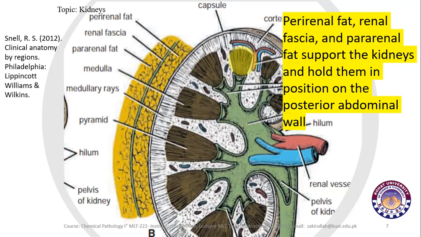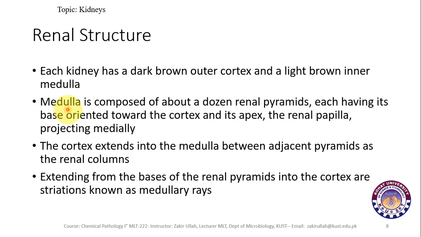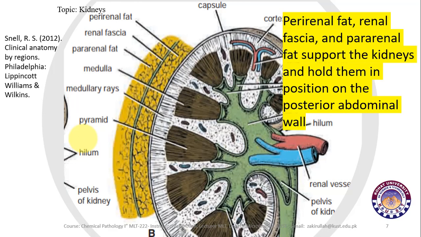So medulla is composed of a dozen renal pyramids, each having its base oriented towards the cortex and its apex, the renal papilla, projecting medially. So if we look at the structure, these are the renal pyramids.